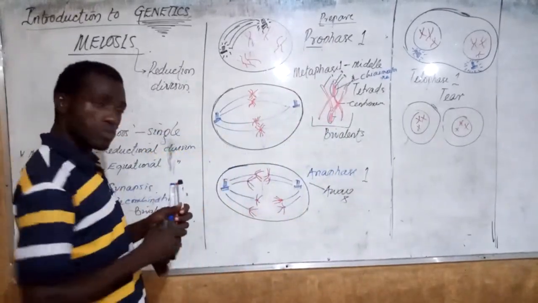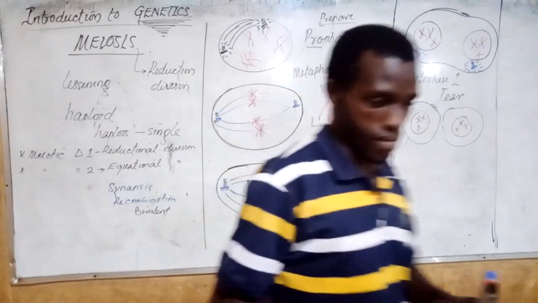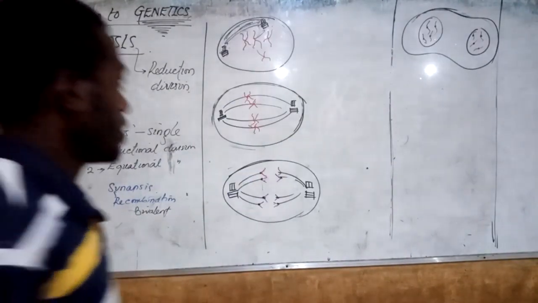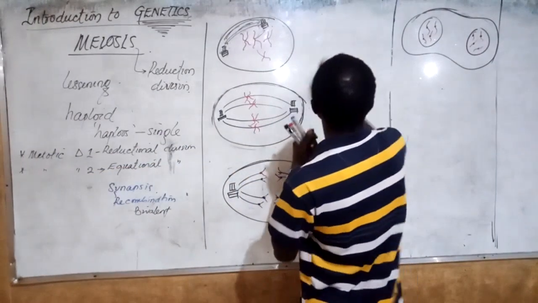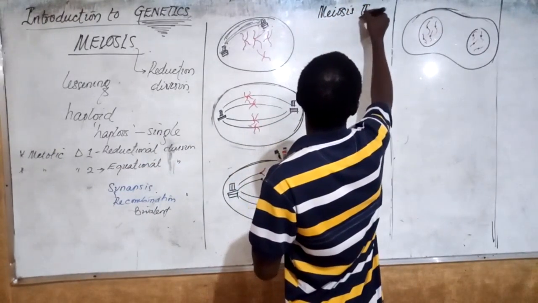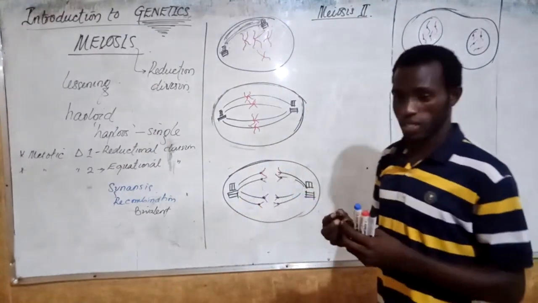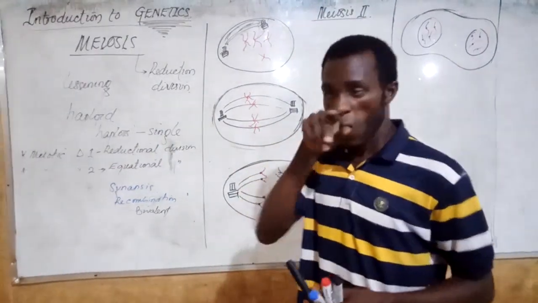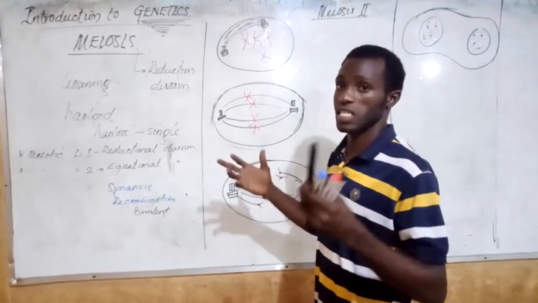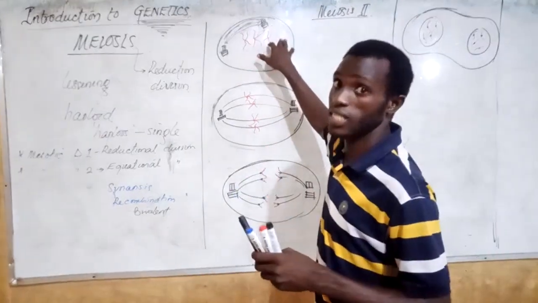Now in the second meiotic division, alright, in meiosis 2, the process is almost the same, only that there is no need for thickening of the chromosomes because they are already thickened here.